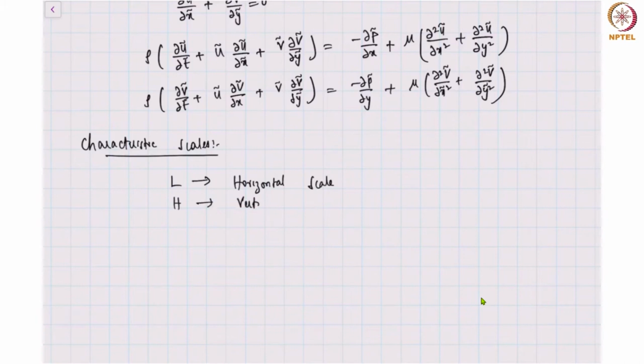H is the vertical scale, which is basically the characteristic scale for the thickness. U naught is the velocity scale.